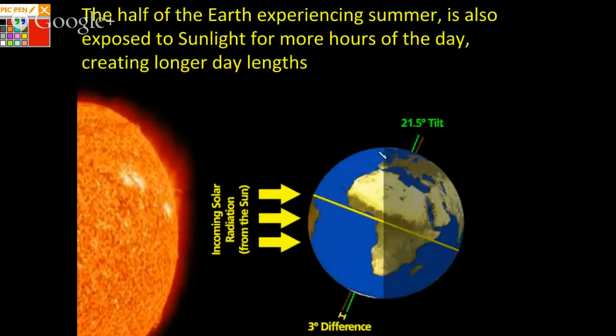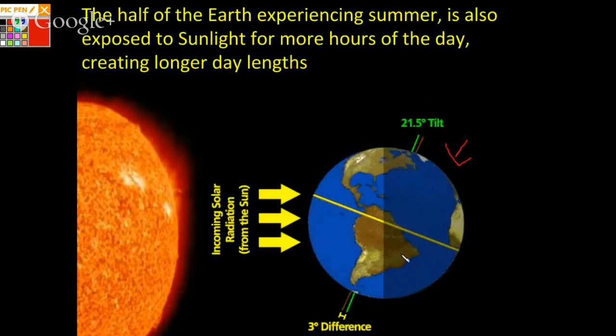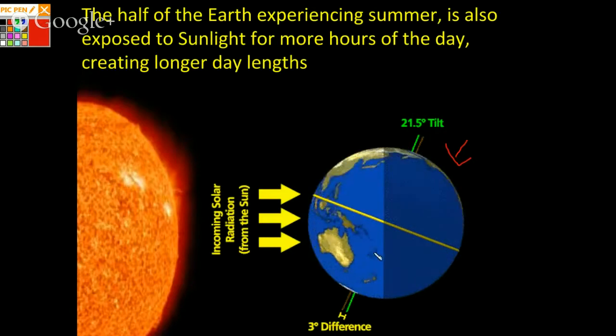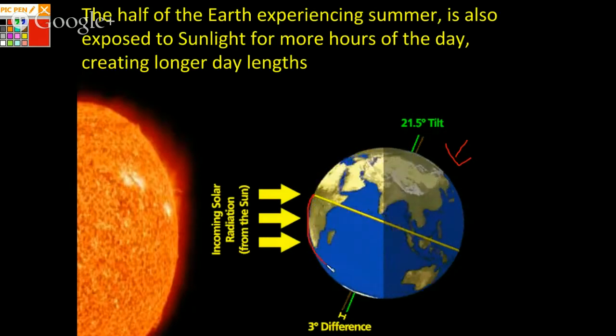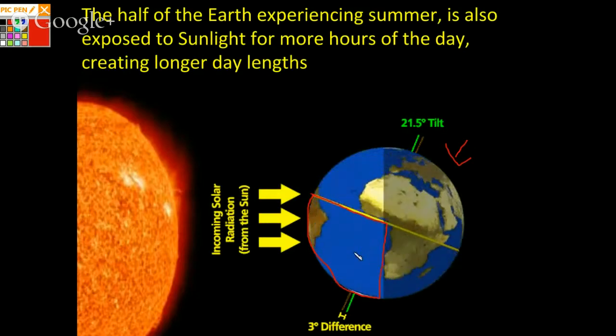So look how the sunlight lies. This side of the Earth over here would represent nighttime, so we'll discard this half of the Earth. Looking at the left half of the Earth, notice the amount of sunlight reaching the southern hemisphere. This area right here. Notice how large this section is.